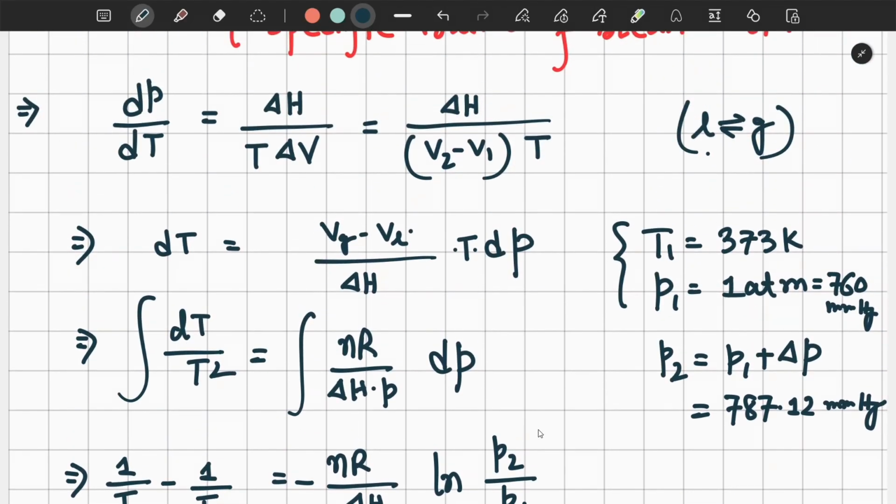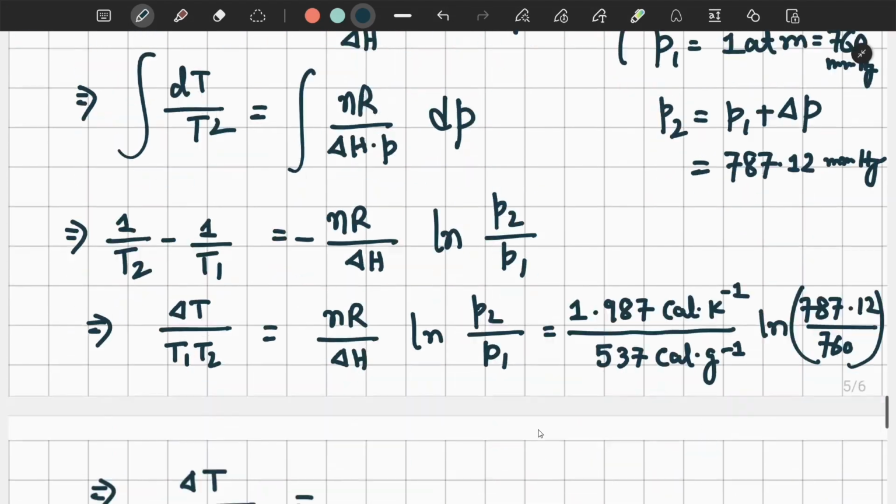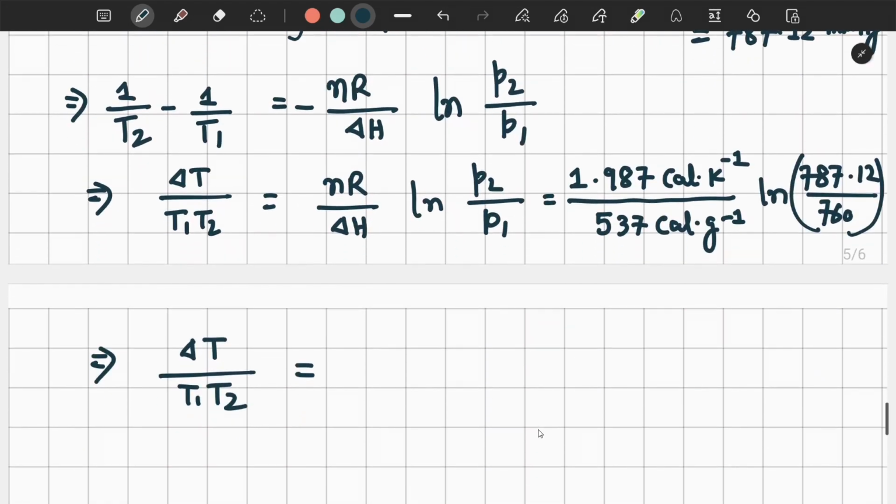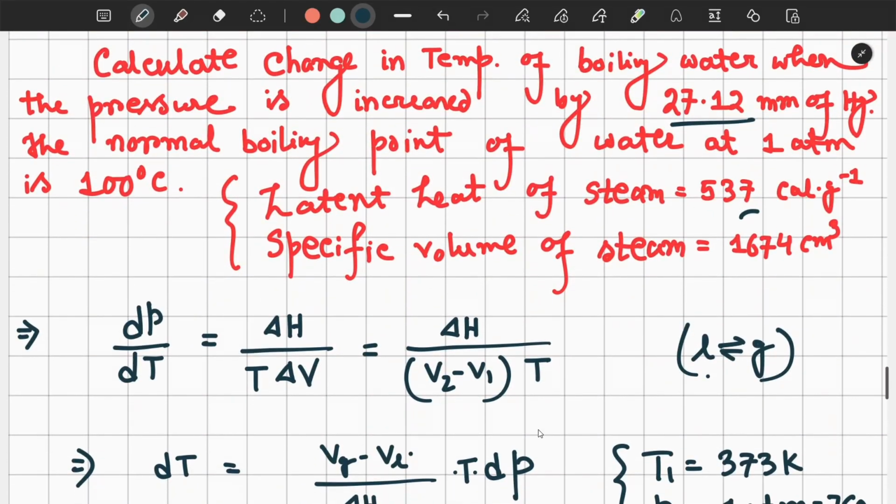But we converted the volume into pressure. That's correct. Which volume is it? Specific volume of steam.